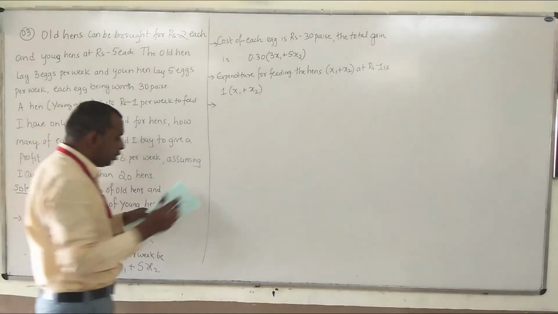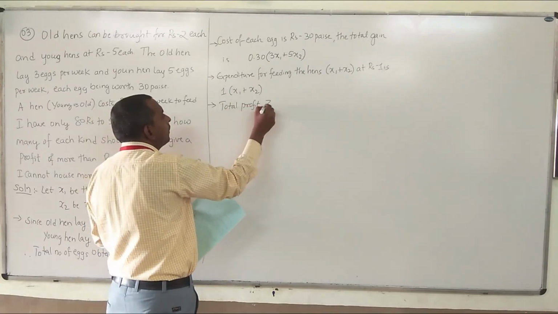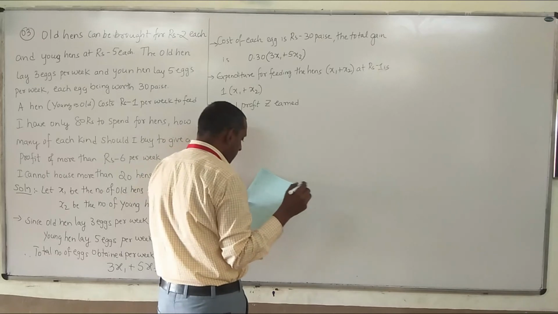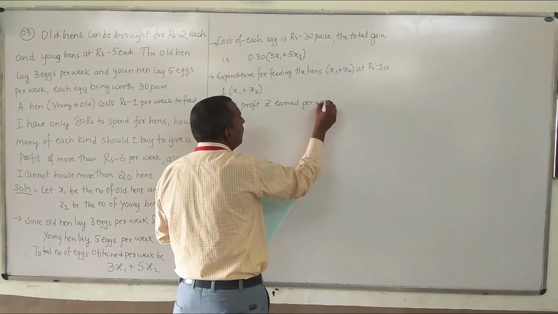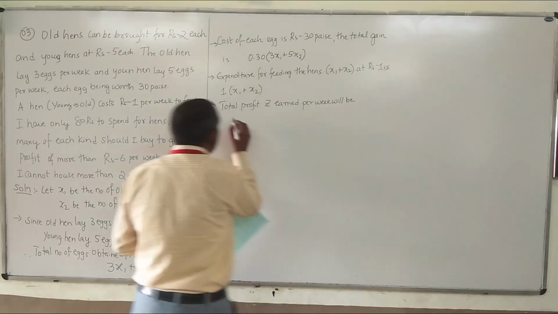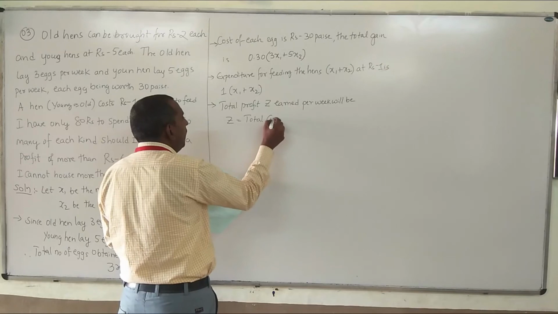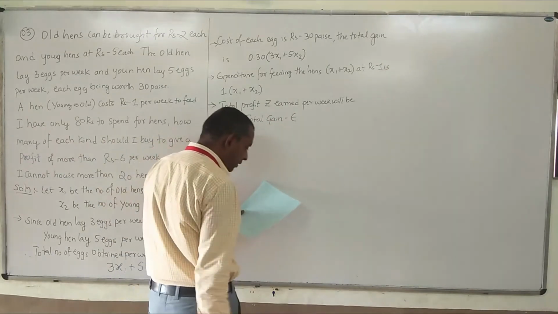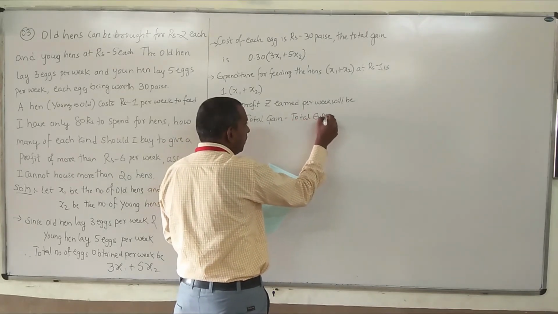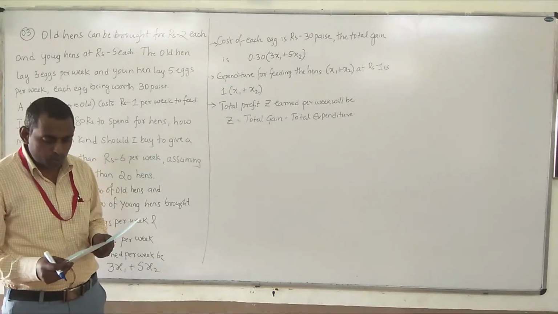Next, the total profit Z earned per week will be total gain minus total expenditure.